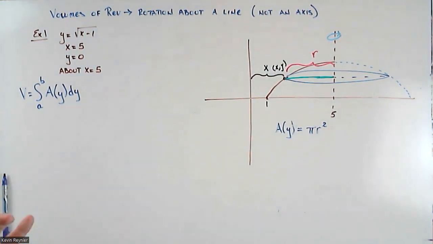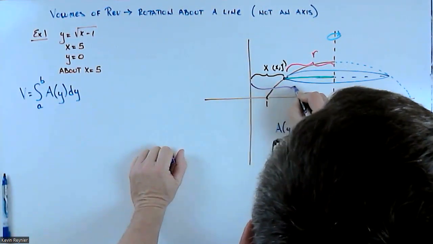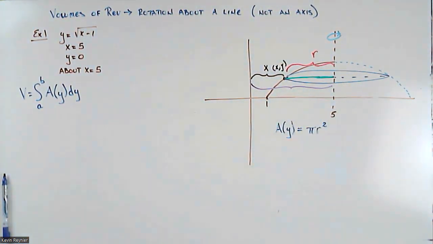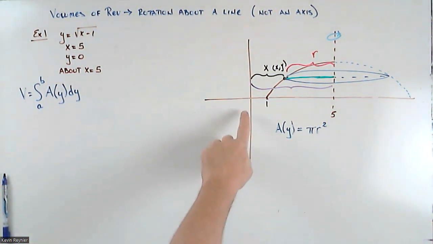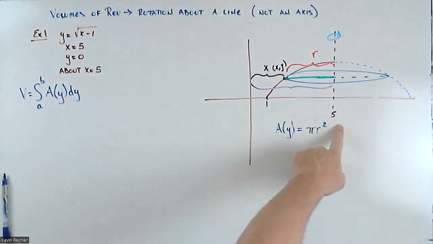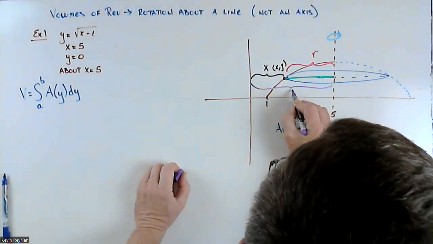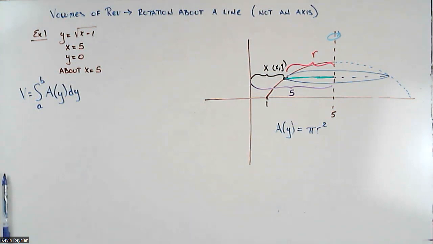The final bracket, and there's going to be 3 of these, is going to go from the axis to my axis of rotation. And I'm going to ask myself, how far is that? It goes from the y-axis, x equals 0, to the vertical line, x equals 5. This bracket is therefore 5 units long.